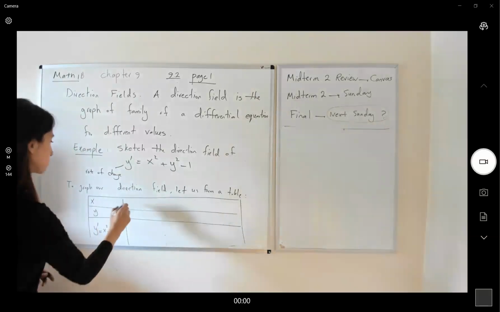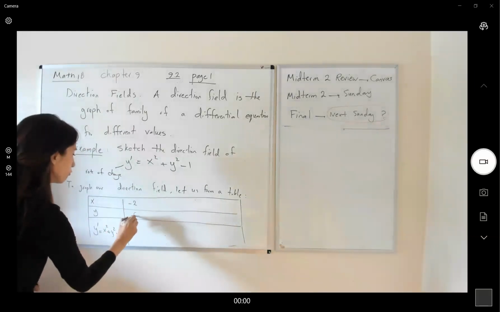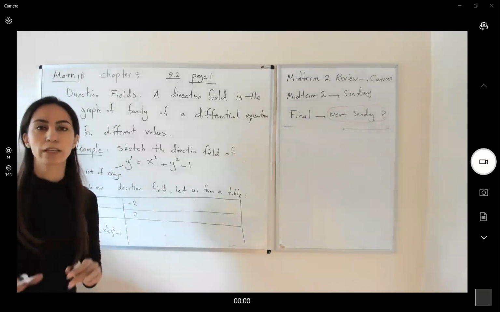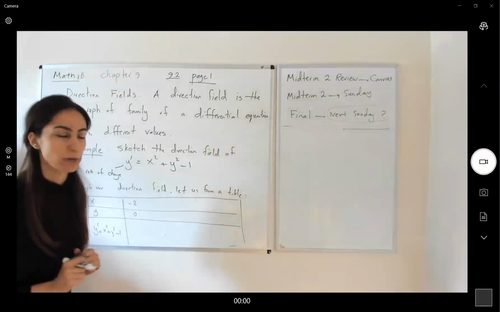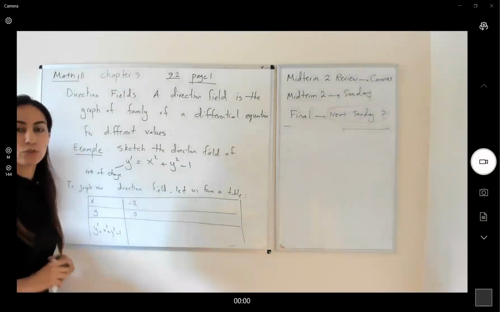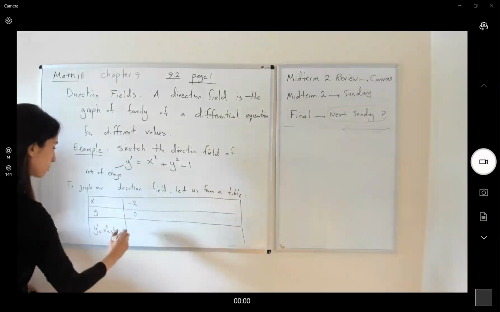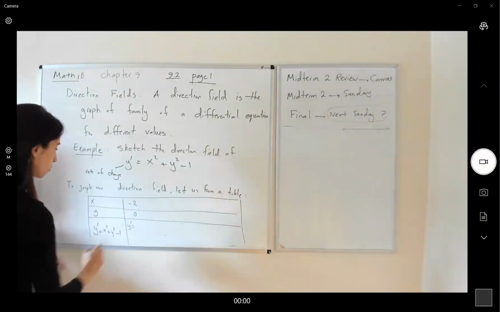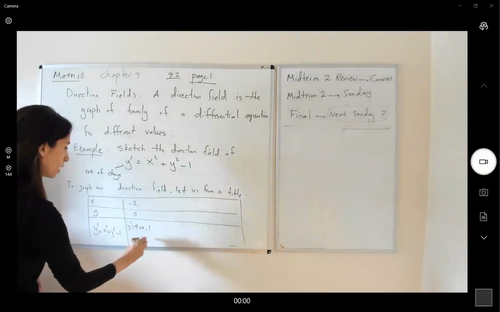Okay, let us plug in, for example, -2 for x and 0 for y. I'm just plugging in random values, random numbers. If x is -2 and y is 0, then I plug them in. Y prime is equal to 4 plus 0 minus 1.